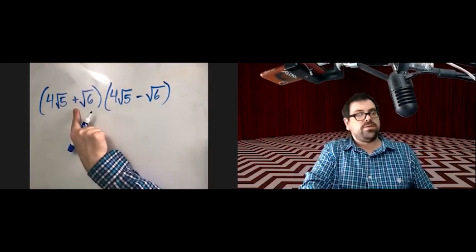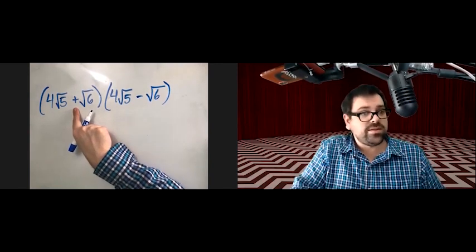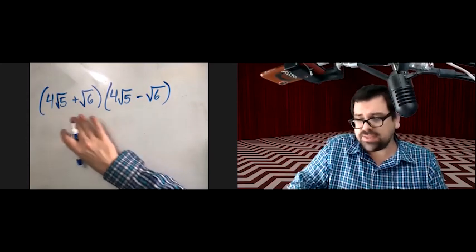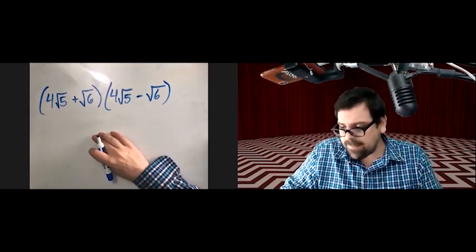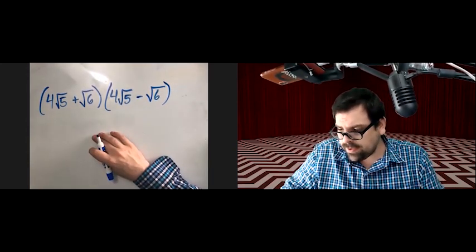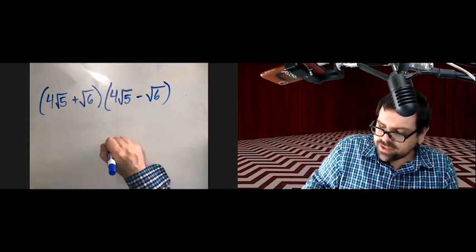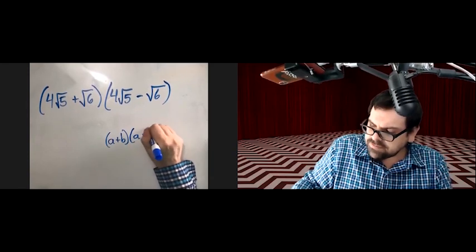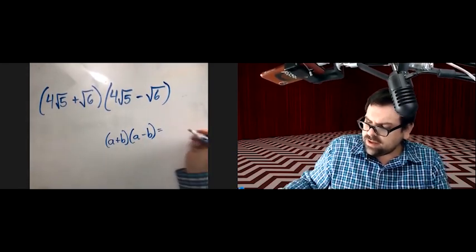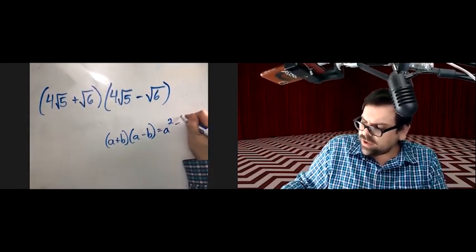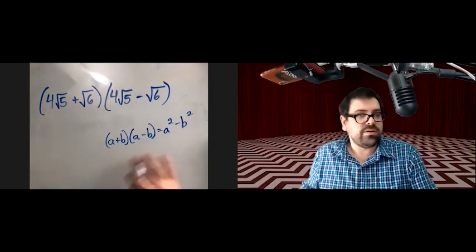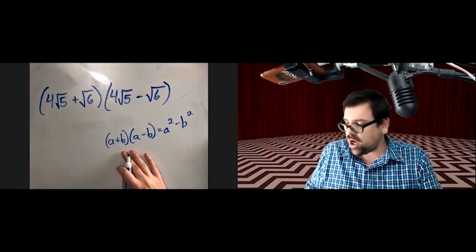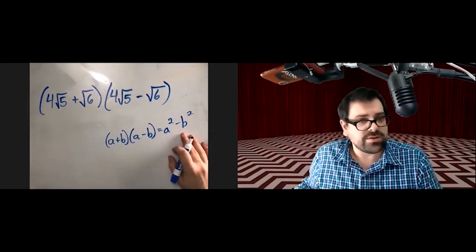That difference is one of them is adding the two things, the other is subtracting the two things, but the two things themselves are the same. Remember, that was a plus b times a minus b, and we got a squared minus b squared. It's the difference of squares formula. Multiplication of conjugates gives us a difference of squares.